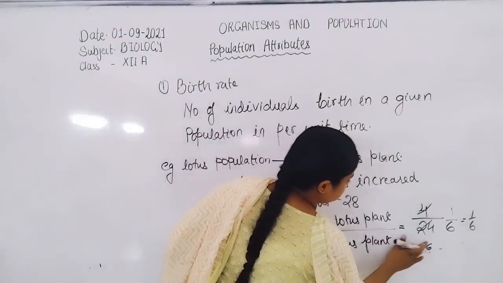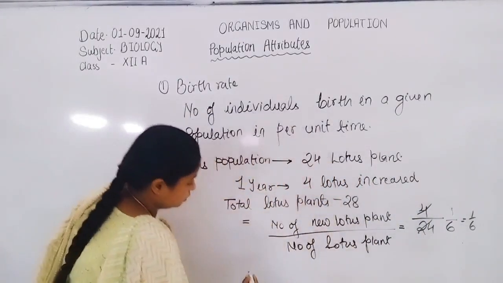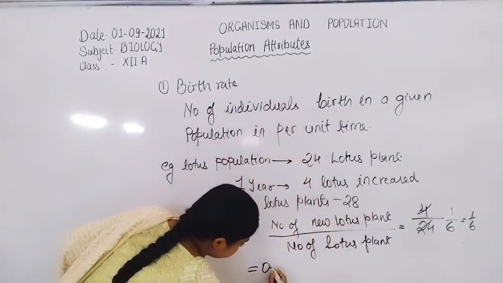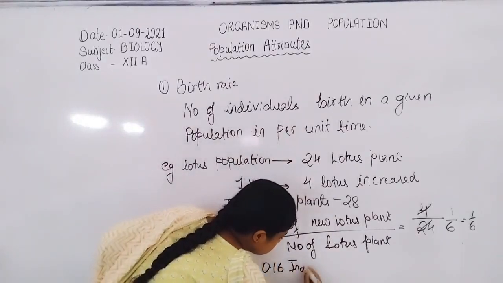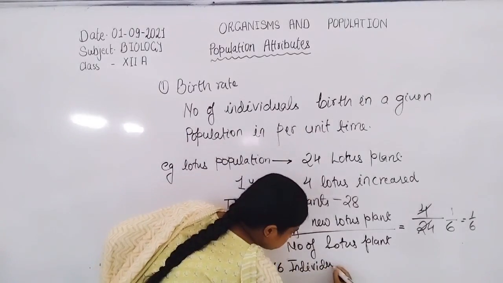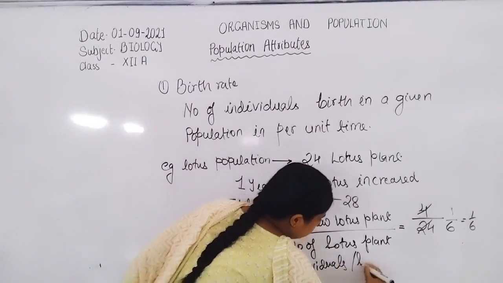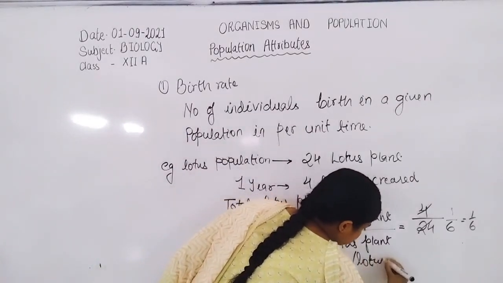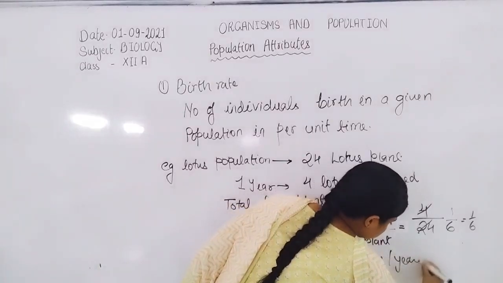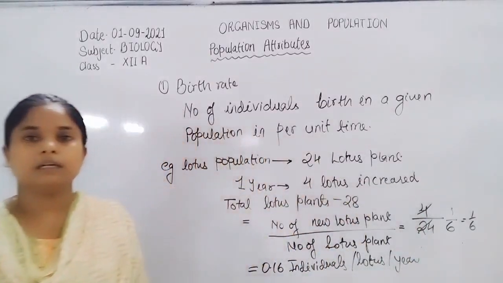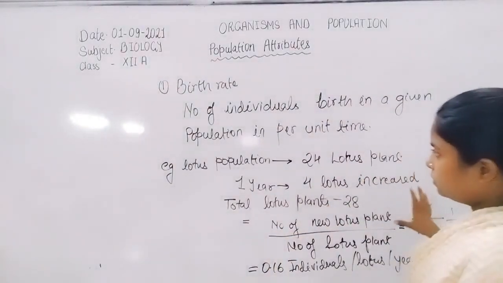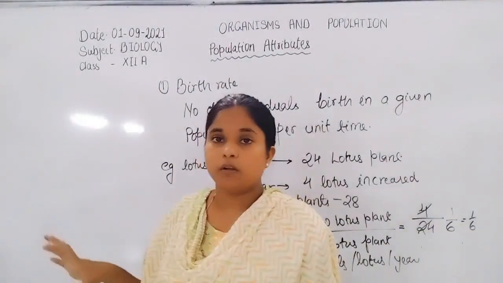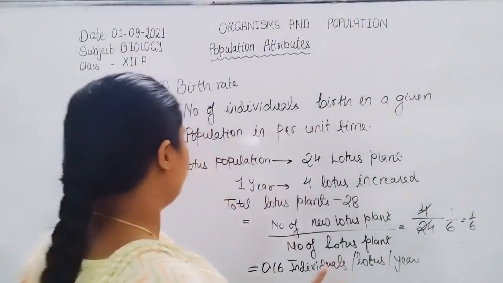If you want to write the unit also, the unit will be 0.16 individuals per lotus per year. So overall, from this method we can calculate the birth rate of a population.